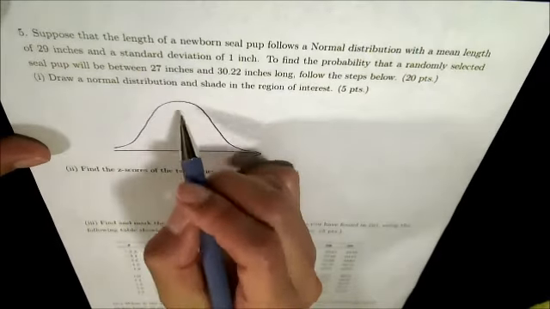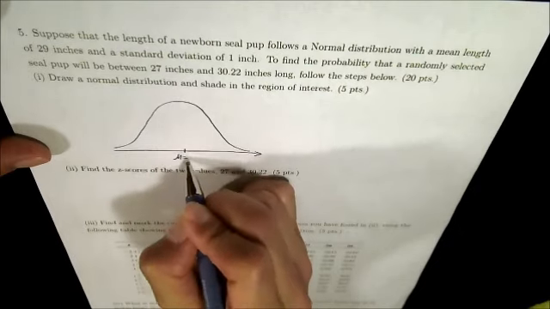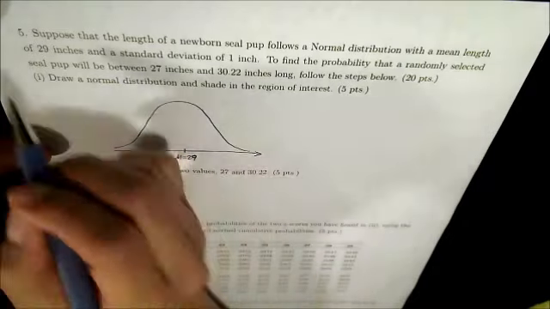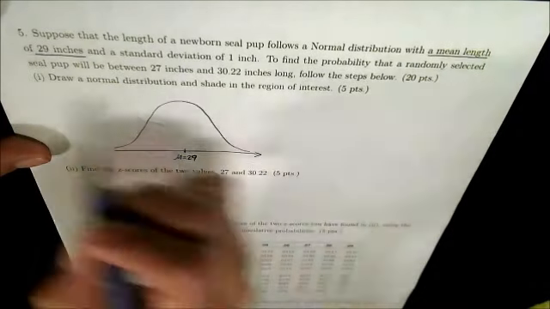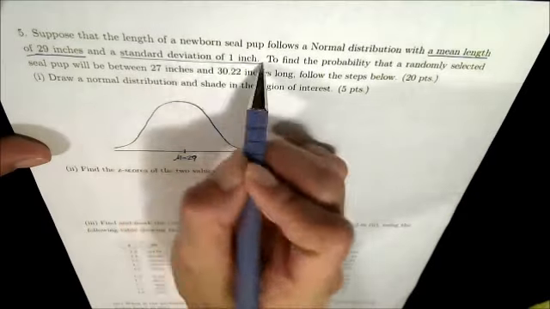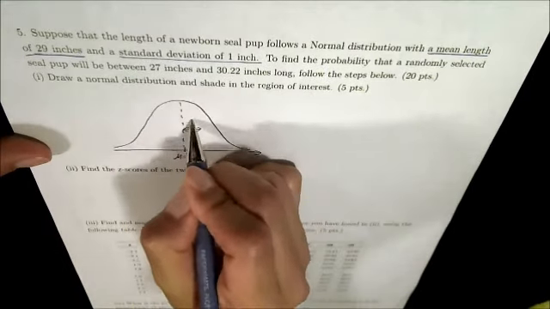You have to mark the center. The center is the mean, mu, which is 29. This is the mean length of 29, and the standard deviation is 1 inch.